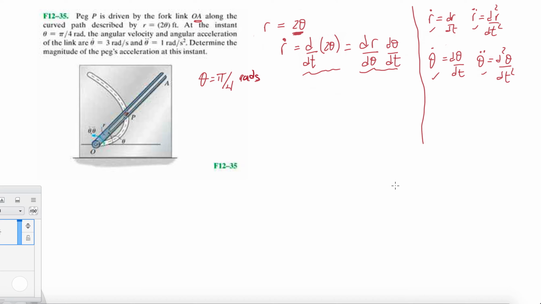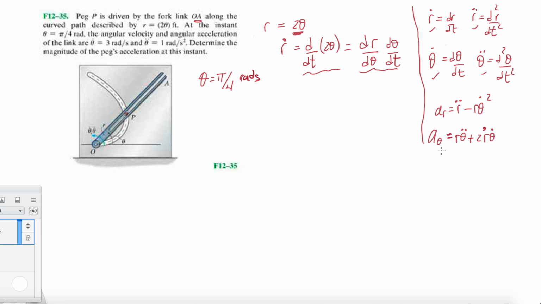Some equations we'll be using are my radial component of acceleration, which is r double dot minus r theta dot squared, and your angular component, which is r theta double dot plus 2 r dot theta dot.